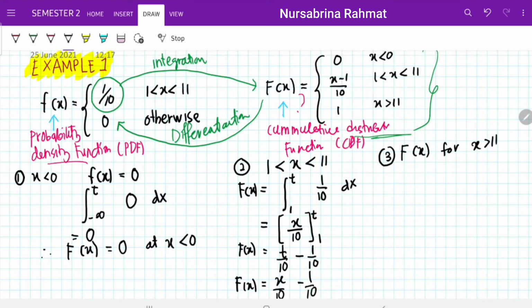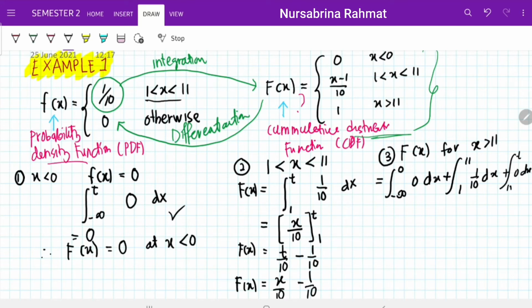From negative infinity to 0, we integrate 0 dx, plus we integrate between the class interval of 1 to 11, 1 over 10 dx, plus from 11 to t, 0, because the probability density function for x greater than 11 is 0, based on the statement otherwise.